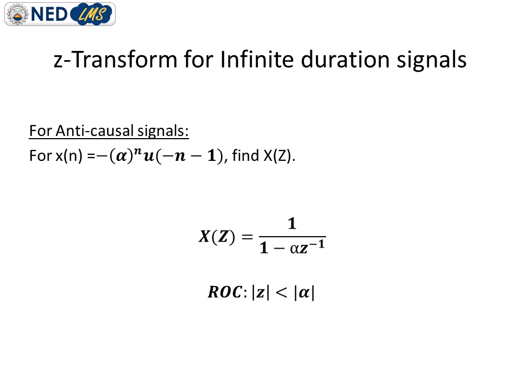So if this type of form is given to you, then it is the representation of an anti-causal signal. And for this anti-causal signal, the final answer is same, which is 1 over 1 minus alpha into z raised to minus 1. But the region of convergence is different, which is mod of z is less than mod of alpha. So you have to also take care while writing the region of convergence.